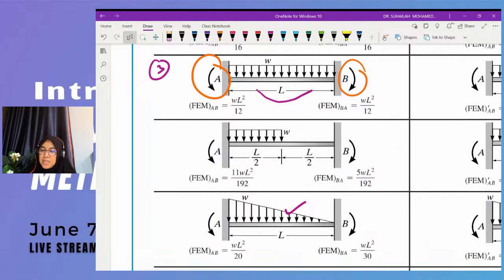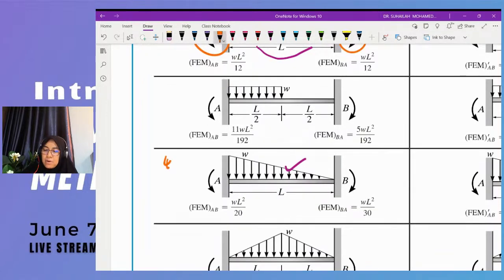This is number 3 and this is number 4. Normally in the question you will be given either one of these or a combination.